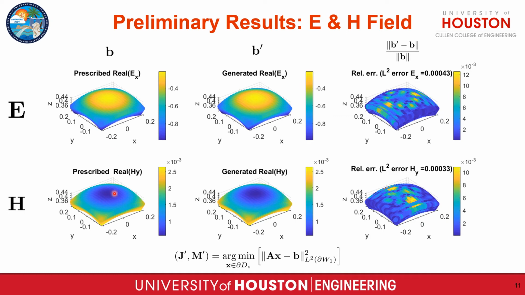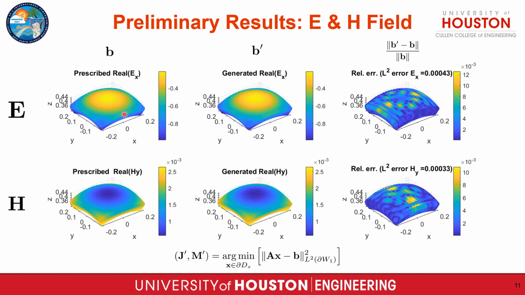The first column is the prescribed field, which is already known, and the second column is the generated field. This corresponds to the AX, and this corresponds to B in the formulation. The third column is the relative error. It is calculated by this formula.